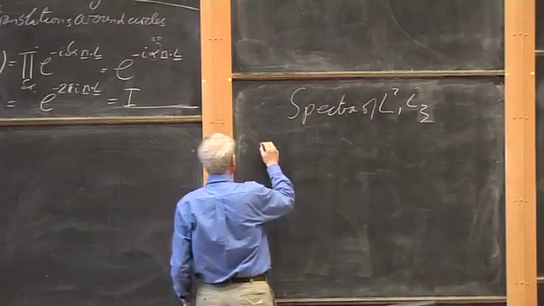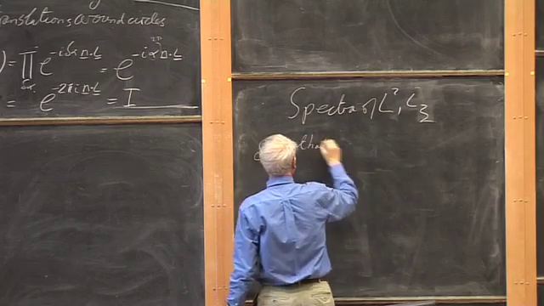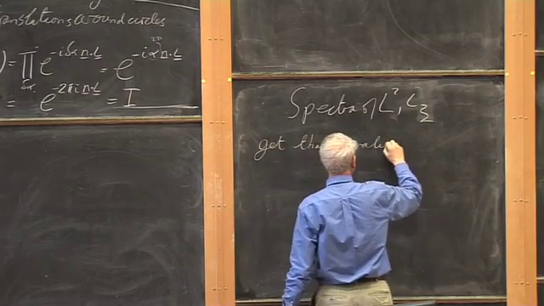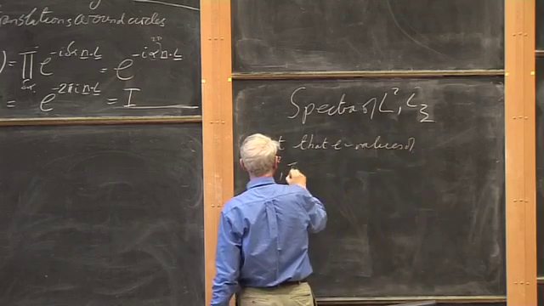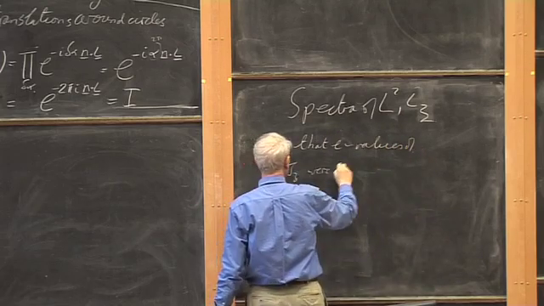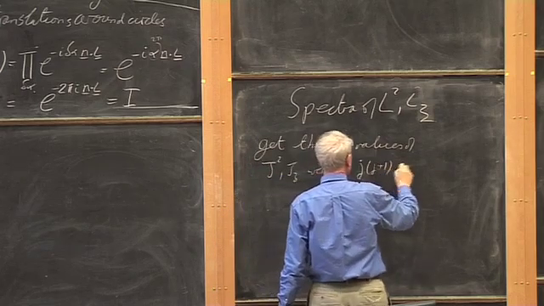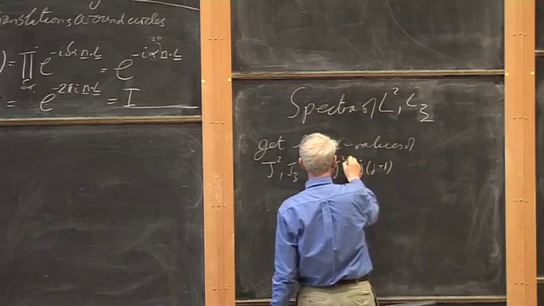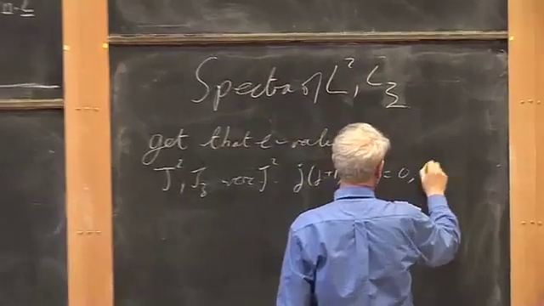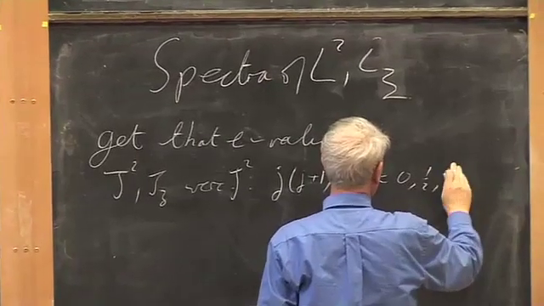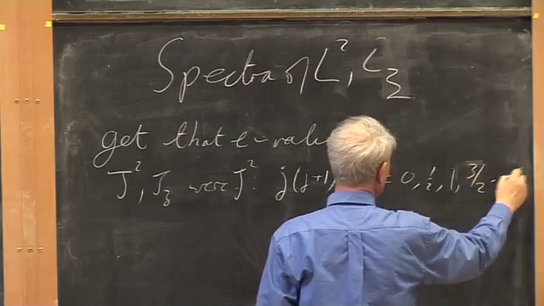So we got that the eigenvalues of J squared were j(j+1), where j was 0, a half, 1, 3 halves, etc., right?